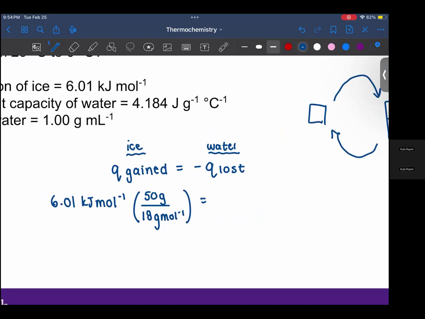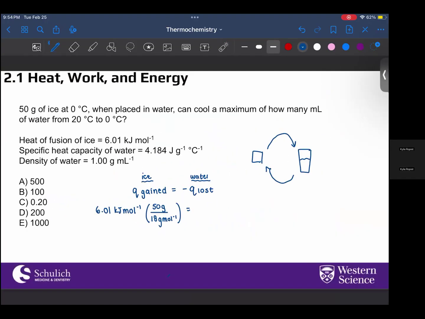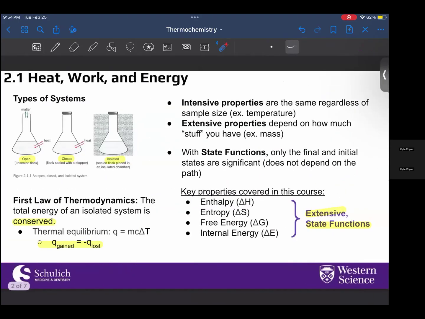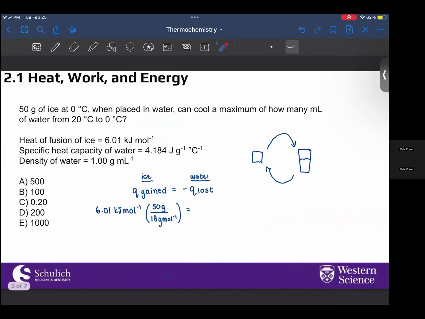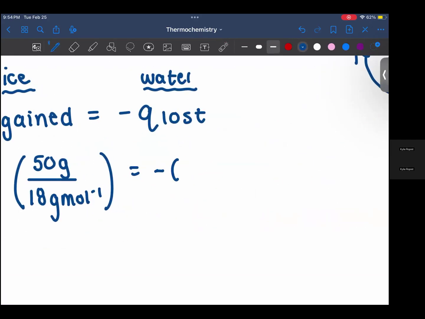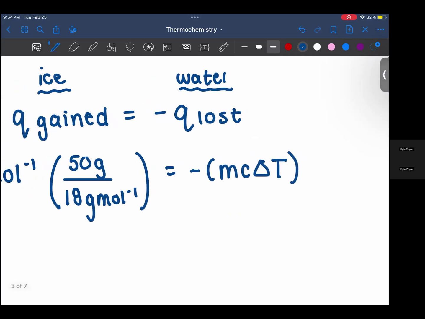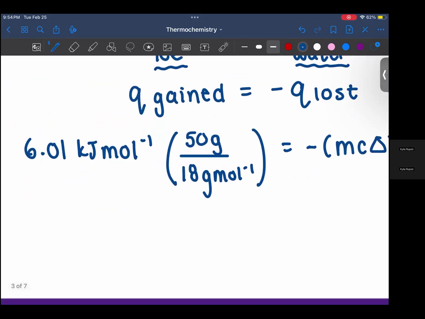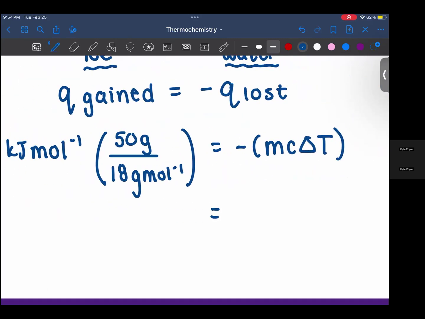Okay, and then on the other side for the water, you've noticed that we don't have one of these values. So this is where we're going to have to use our Q formula here. So we have negative sign and then mc delta T. And let's actually fill in those values now. So mass of water is what we're trying to calculate.